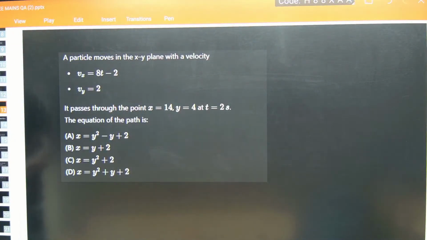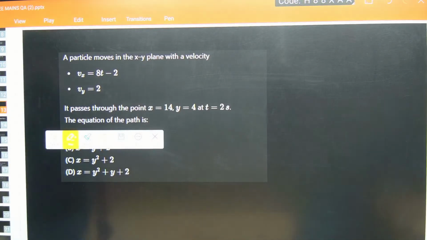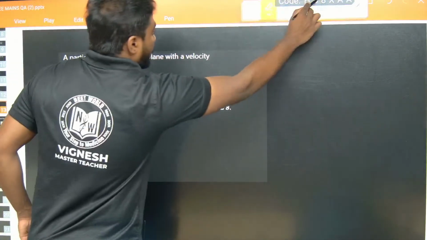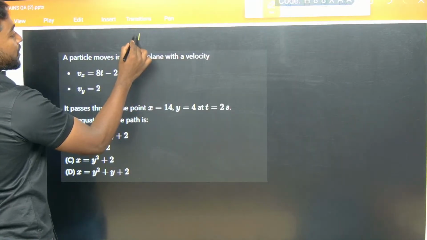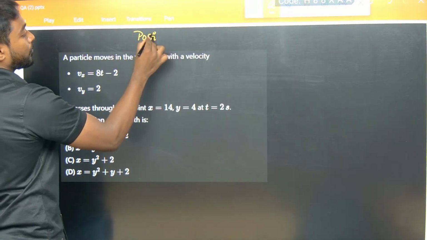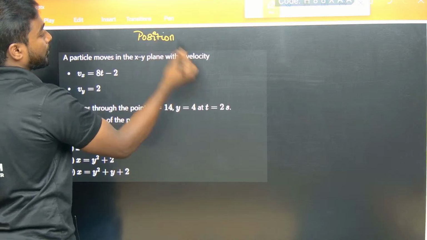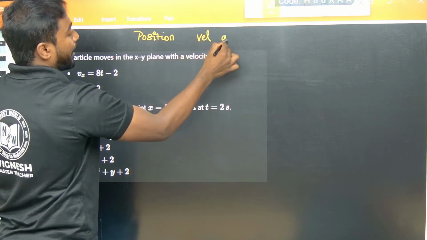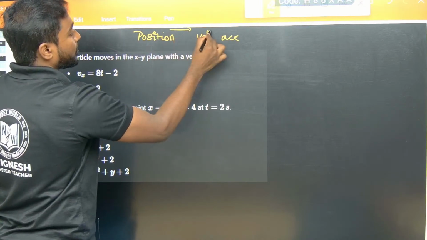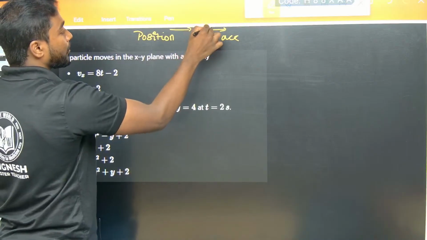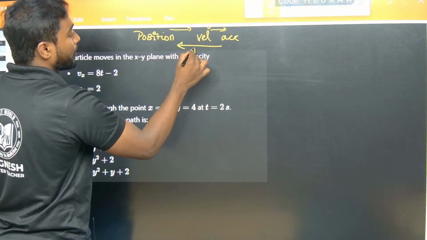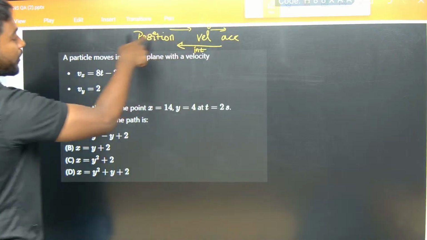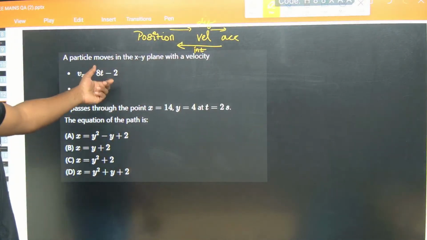So the method is: position, velocity, acceleration. This is the direction of differentiation and this is the direction of integration. So from velocity to position, I need to integrate.